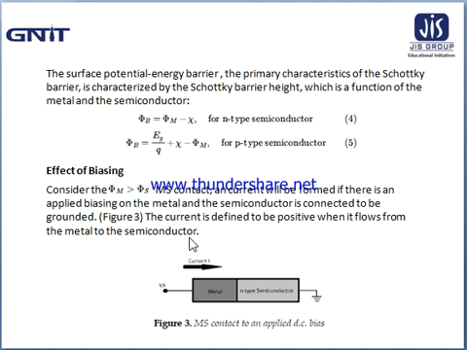Now the barrier results in a high resistance. Even with a small applied voltage, since the potential barrier height is governed by the voltage bias, it has a significant influence on the electrical current flowing through the barrier.